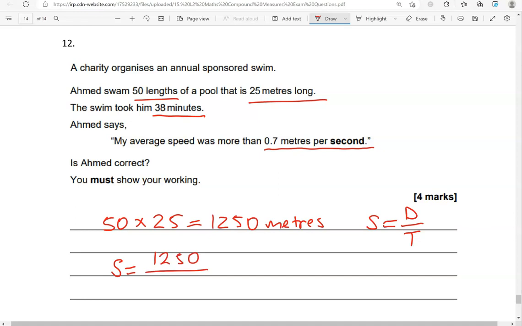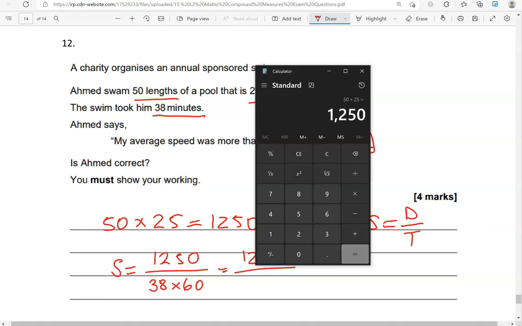Over time, we've got 38 minutes, but we need to convert those into seconds first. So what we're going to do is 38 times 60, which is 2,280.